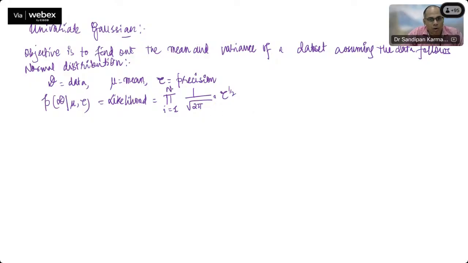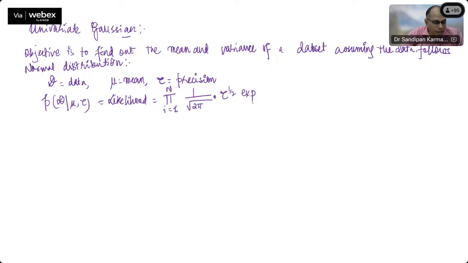Sigma square is tau inverse, so tau is sigma square inverse. If you replace sigma square using tau, in the denominator it becomes tau to the power minus 1 under the square root, so tau goes into the numerator and becomes tau to the power half. Is it okay?